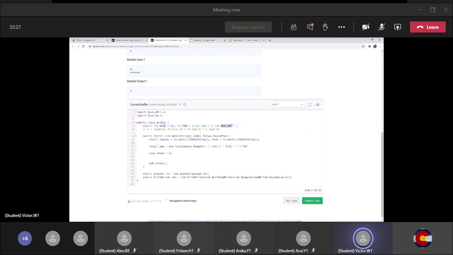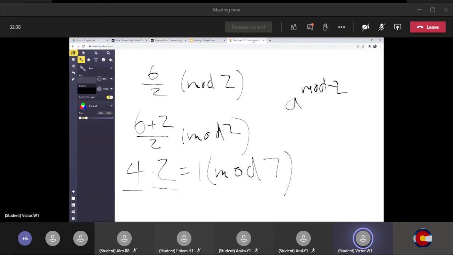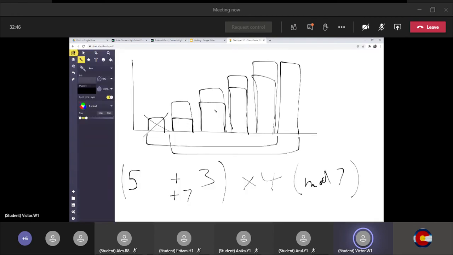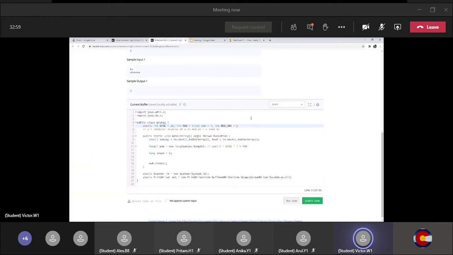Keep in mind that mod inv is the modular inverse of base mod the mod, because this will only cover the case of shifting down all these towers by 1, which is equivalent to dividing all of these by base. We just multiply by the modular inverse of base mod the mod. So we're going to set mod inv to expo of base to the power of mod minus 2.